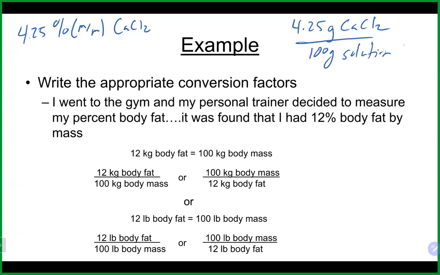So assuming 100 is a very easy way to convert things into a usable conversion factor. Now you have something you can put into your dimensional analysis calculation and use to convert whatever you may be looking at. If you knew you had 500 grams of solution, you could figure out how much calcium chloride would be in there by multiplying, and so forth.